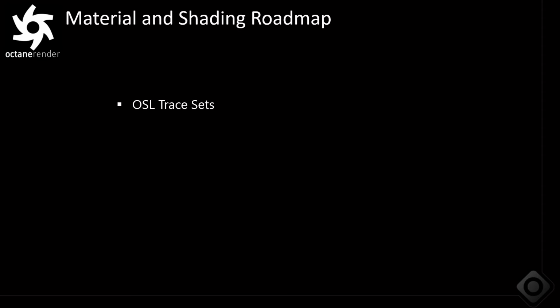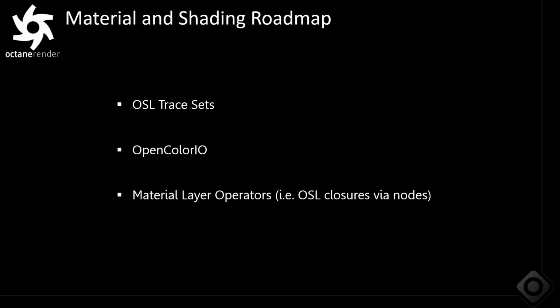So on the material roadmap, we also have other things we're looking to support. OSL trace sets, which again, like OSL tracing in general, the trace function is not currently enabled, but we want to add that support and do that across the board. OpenColorIO is work in progress and will be coming up fairly soon. That'll also help with ACES support. And material layer composition.